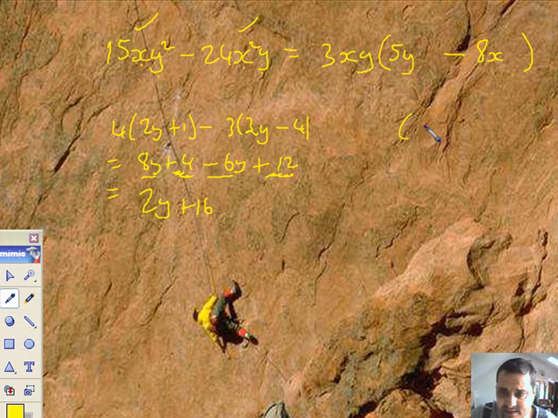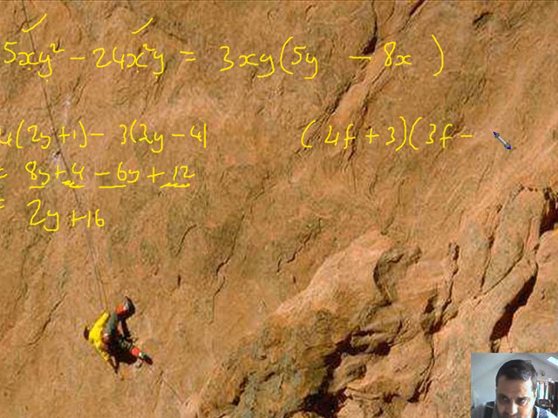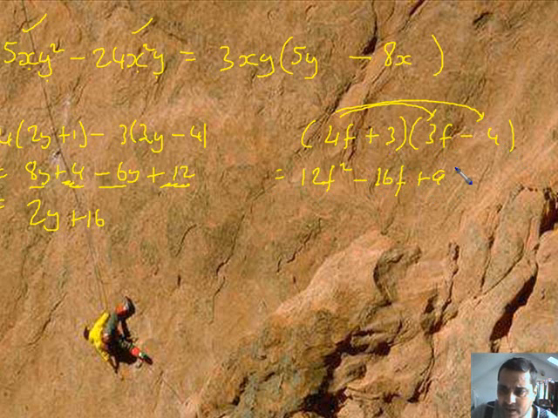It says this. It's another double bracket. So 4f plus 3 multiplied by 3f minus 4. Okay, 4f times 3f, 12f squared, that's that and that. 4f times 4 will be 16f's, but of course it's negative. 3 times f, 9f's. 3 times 4 is 12, but of course it's negative.